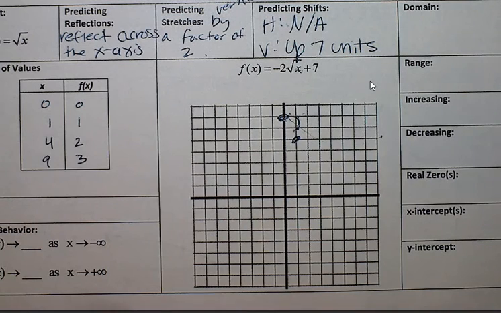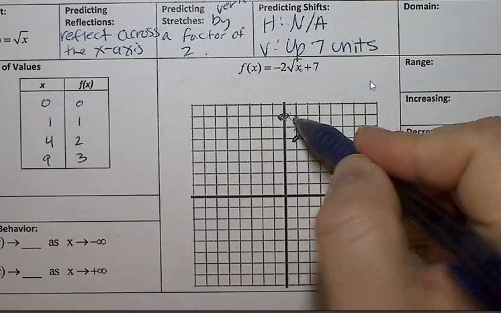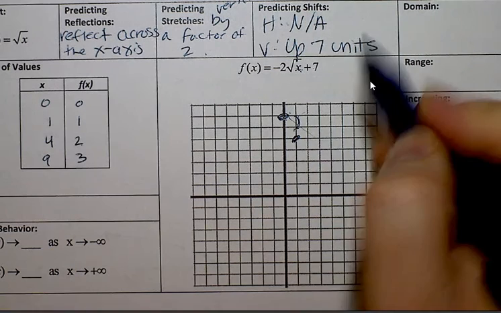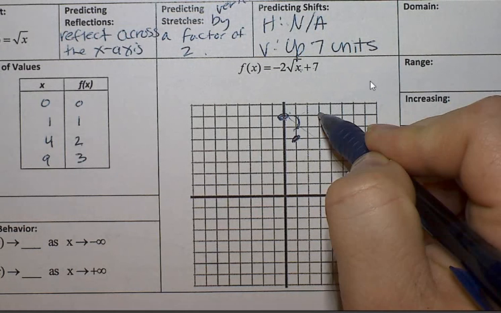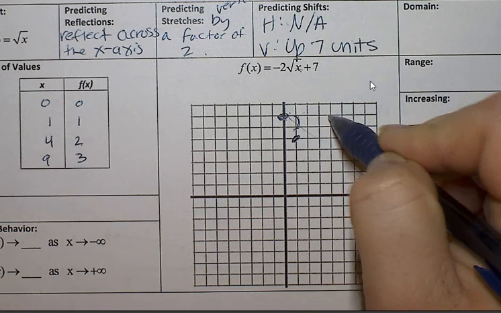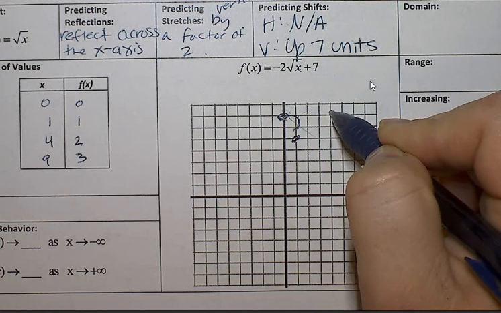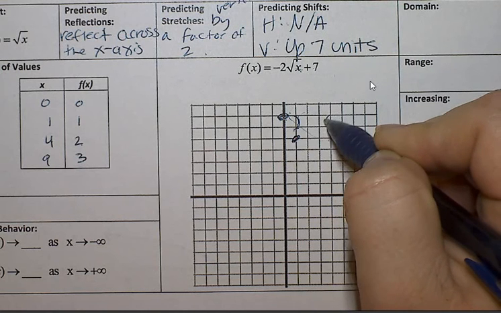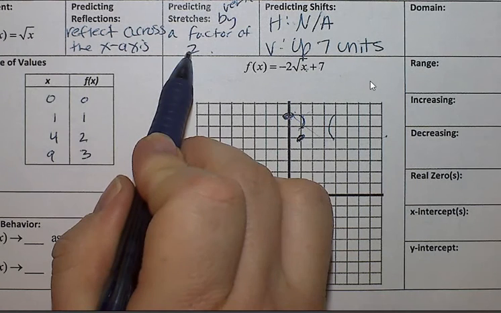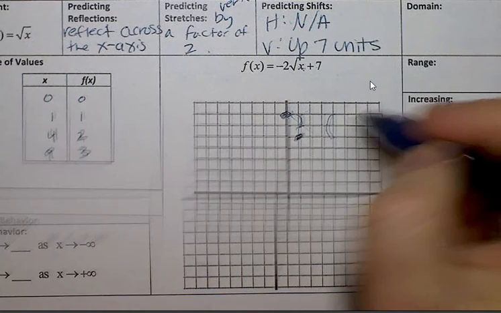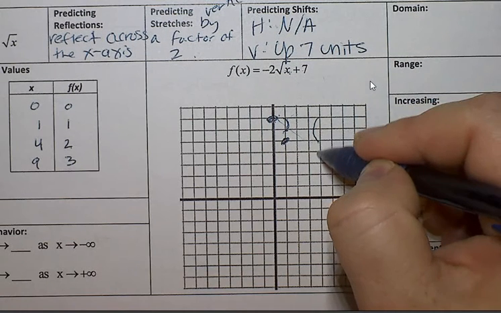So now, instead of going over 4 and down 2, 1, 2, 3, 4, okay? Before we went up 2, now I'm going to go down 2. This is the original distance of 2. 2 times 2 is? Now go down 4. 1, 2, 3, 4.